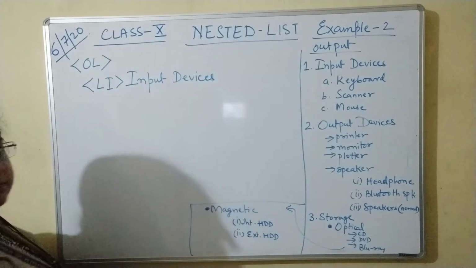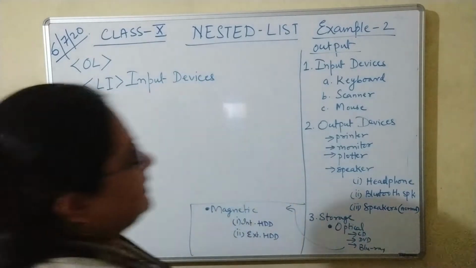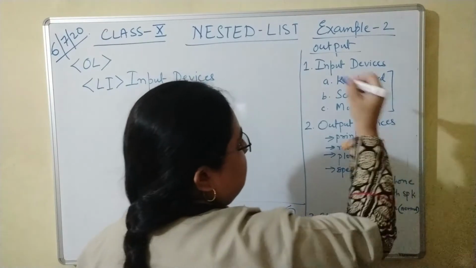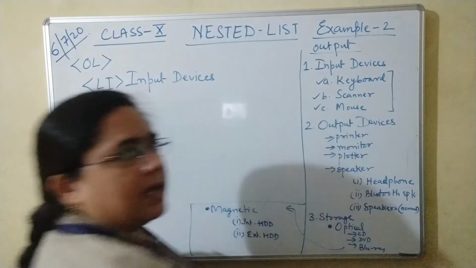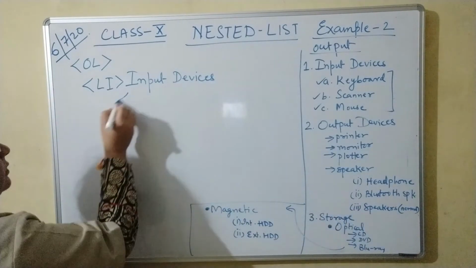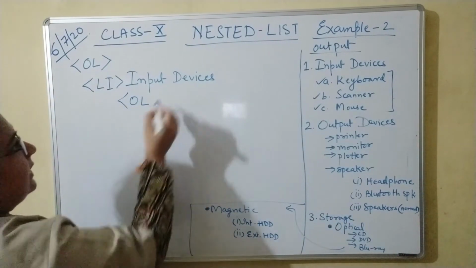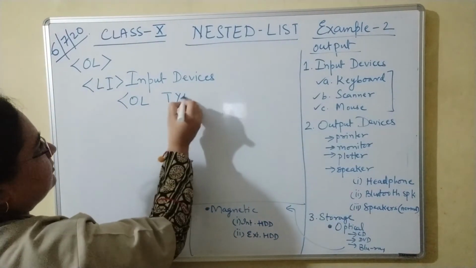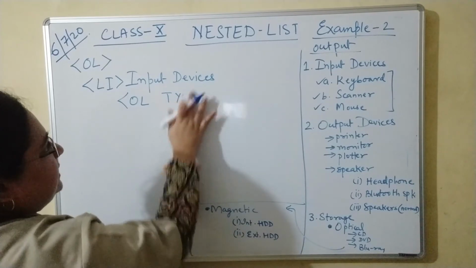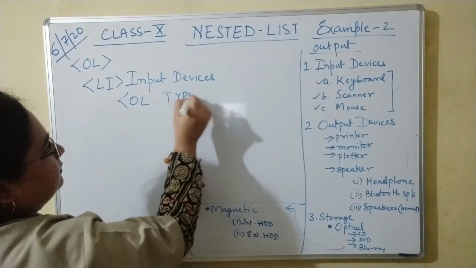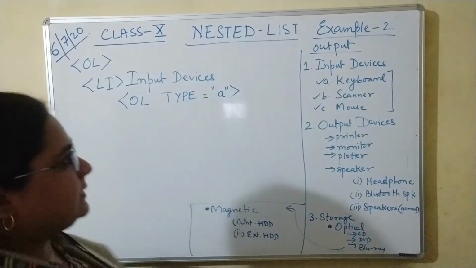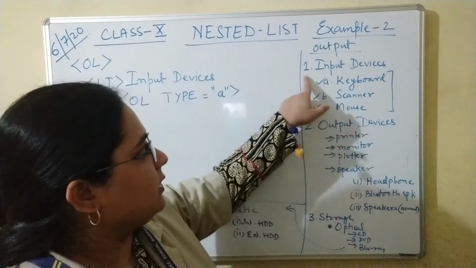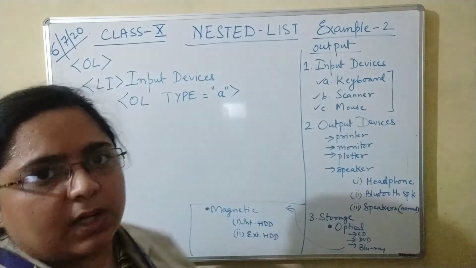Now input devices contains a sublist, and this list is also an ordered list because you can see there are a, b, c. So we will start an OL tag here, and its type would be set to small a, because here it is no longer Roman numerals but small alphabets.